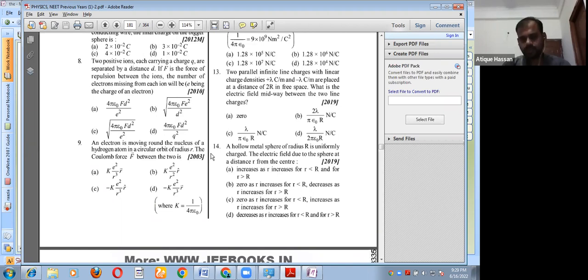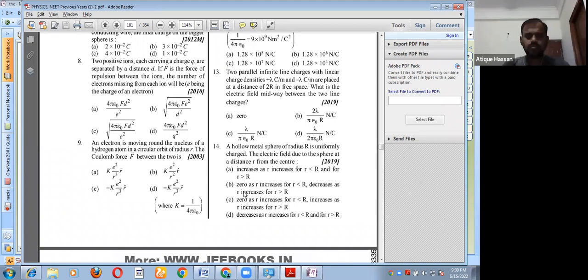Option A says increases as r increases for r less than R and for r greater than R. Option B says zero as r increases for r less than R and decreases. So we have to check the variation of electric field.